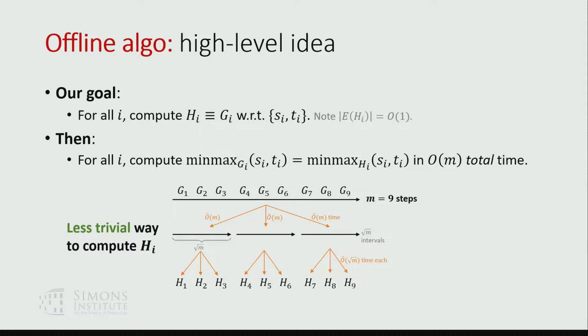Then for each interval we will get the h_i within the interval, but the time to compute each of these h_i will be just root m instead of linear. So there will be 2 levels of things, and for each level you spend n to the 1.5 time. That's the high-level idea. I will make this into very detailed form. Okay, let's see the details now.